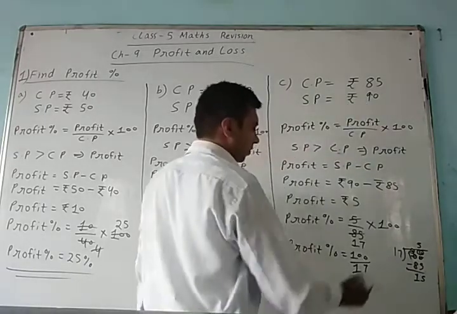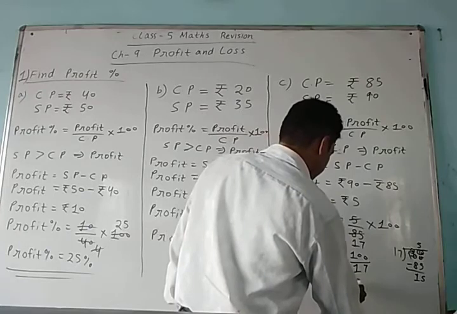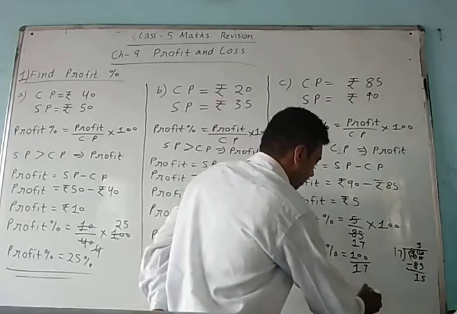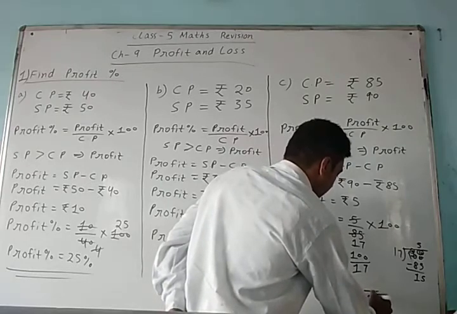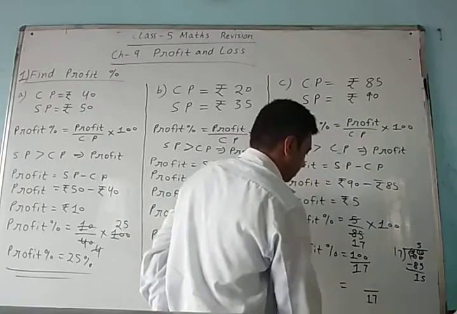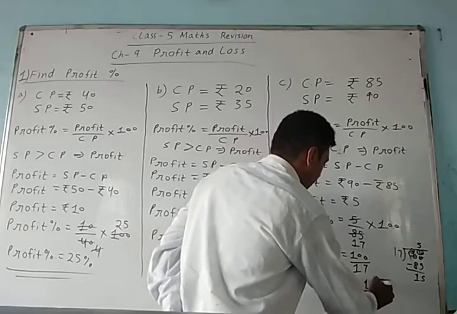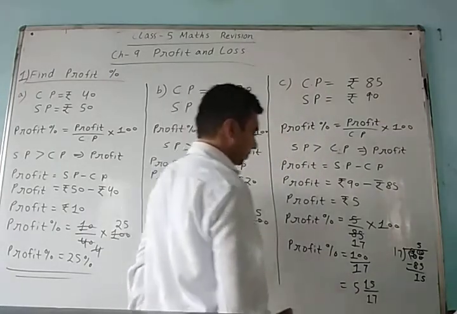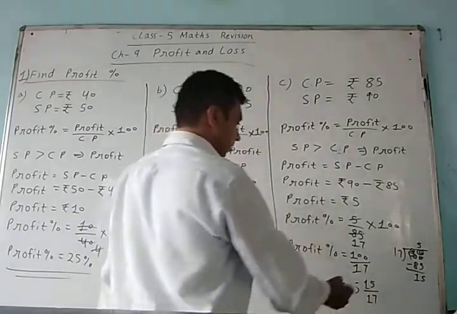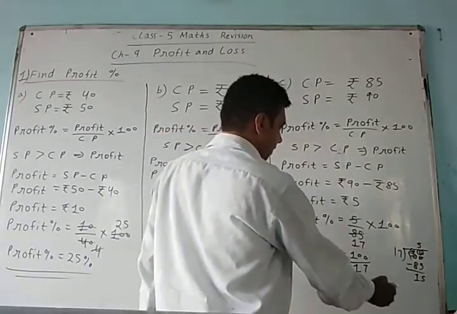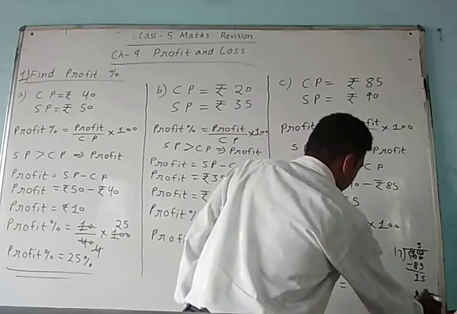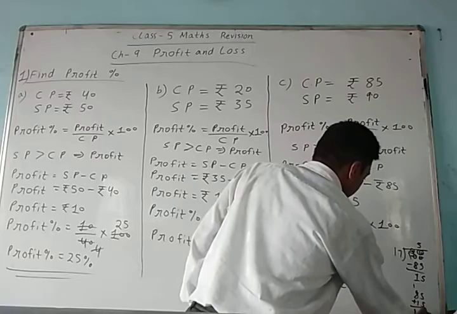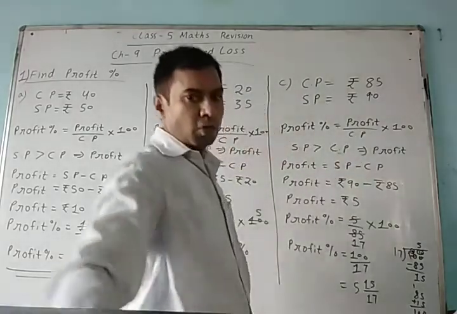So students, mixed fraction form. 17 into 5 is 85, remainder 15. So student, I hope you all have understood.